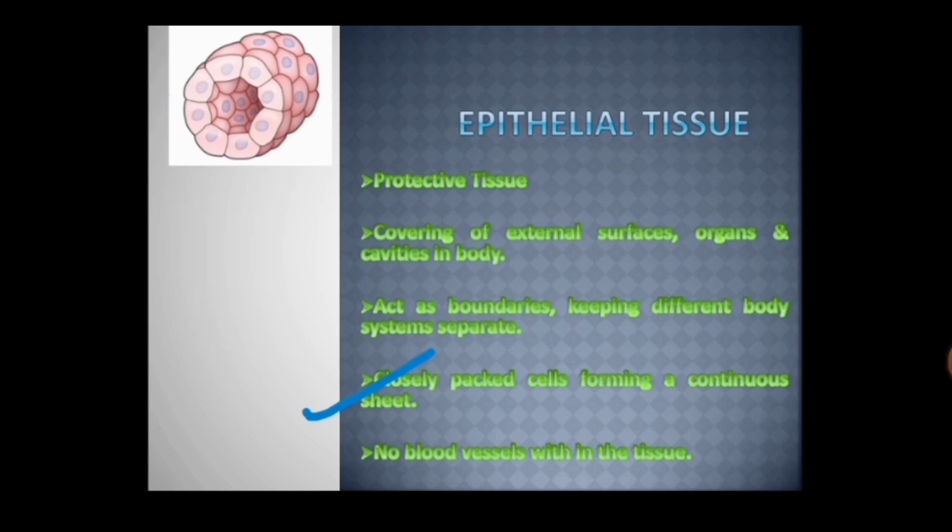Because the boundary is actually protecting the house, correct? So similarly, epithelial tissue acts as boundaries. So we will ensure that the boundary is strong enough, and that is why the epithelial tissues are closely packed cells. That is, they do not have intercellular space.